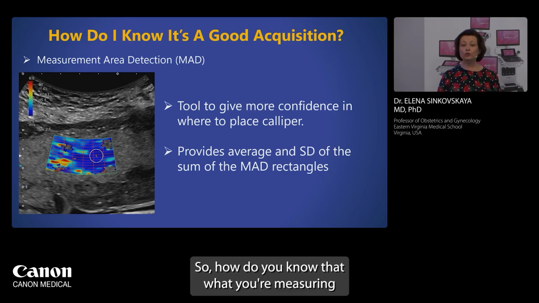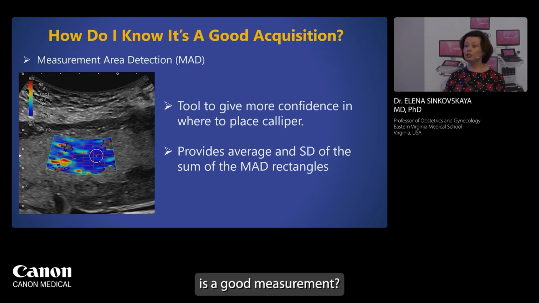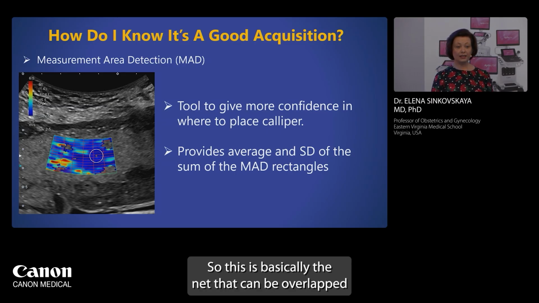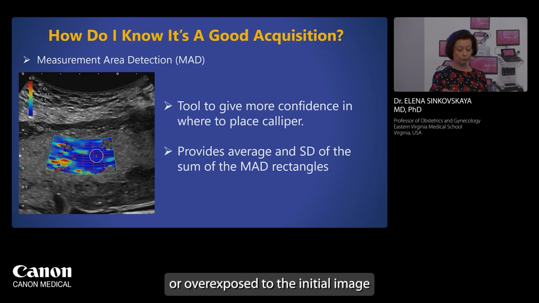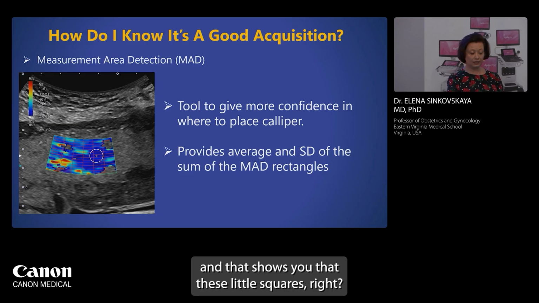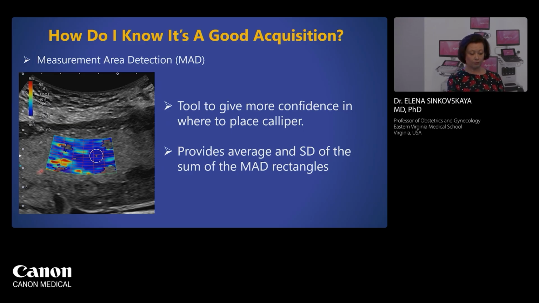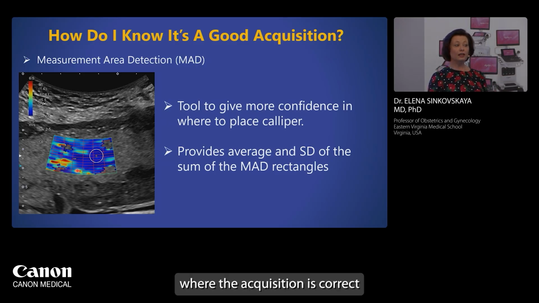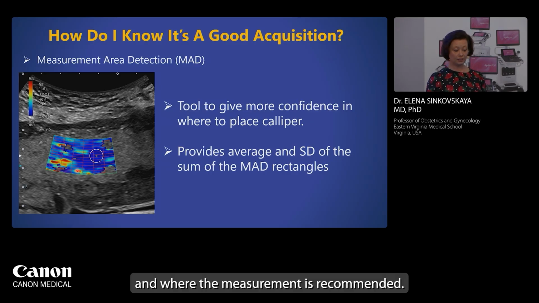So how do you know that what you're measuring is a good measurement? There are several tools, and one of them is the measurement area detection, or MAD. This is basically a net that can be overlaid on the initial image, and it shows you the little squares, the areas where the acquisition is correct and where the measurement is recommended.